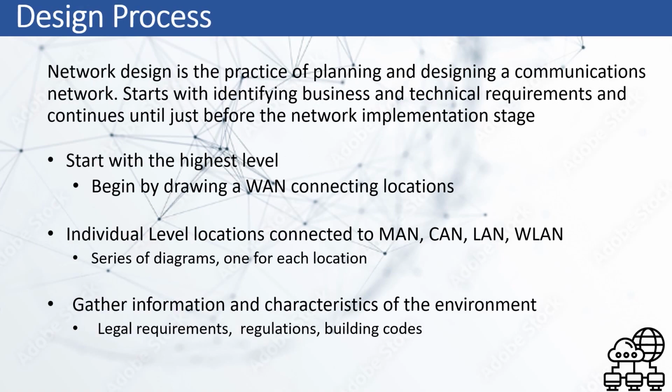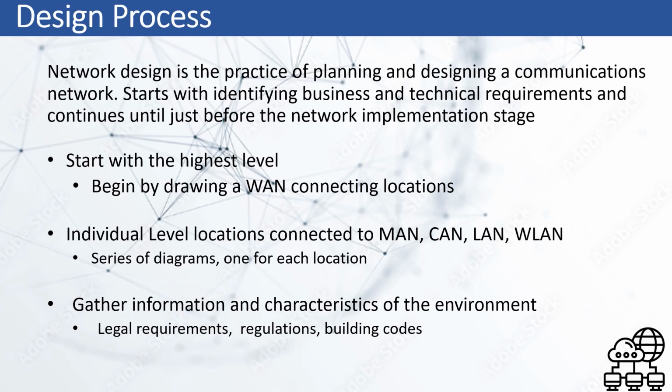Design process is the practice of planning and designing communication networks. It starts with identifying business and technical requirements and continues until just before the network implementation stage. It starts at the highest level by beginning the layout of one connection location, an individual-level location, if the design is connected to a metropolitan area network, campus area network, LAN, and wireless LAN.